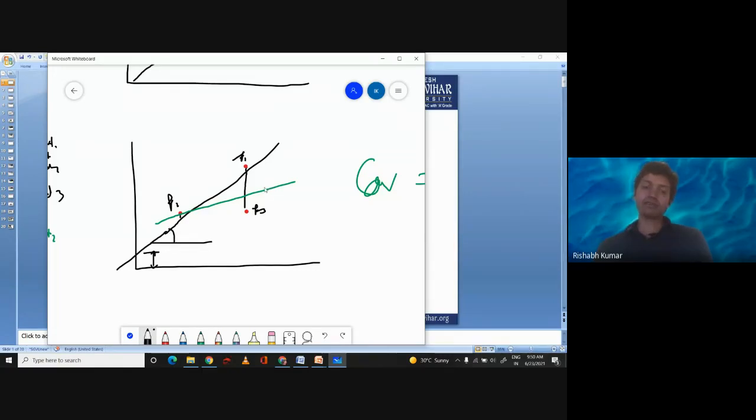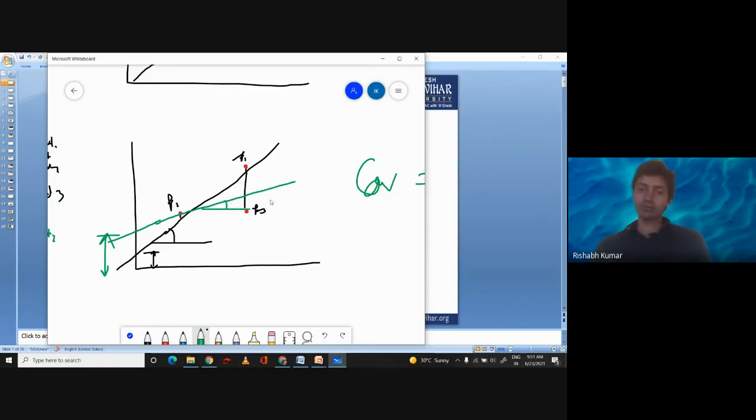And the intercept for this green line is this, and the slope of the green line is this. So what are the characteristics that distinguish one line from the other? We have two characteristics: one is the intercept, another is the slope, right?